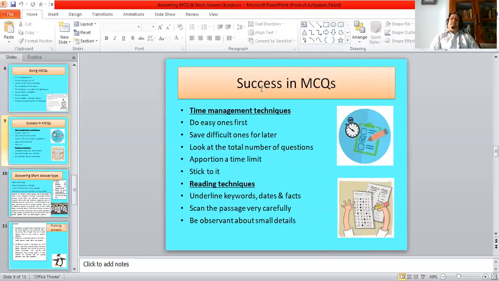Now, what about the factors for success in MCQs? MCQs are one of the best ways of getting answers to questions fast. They can be wide-ranging in choice, and a large number of MCQs can be set on a specific passage.